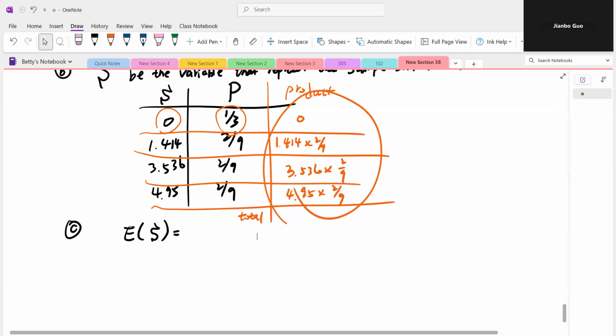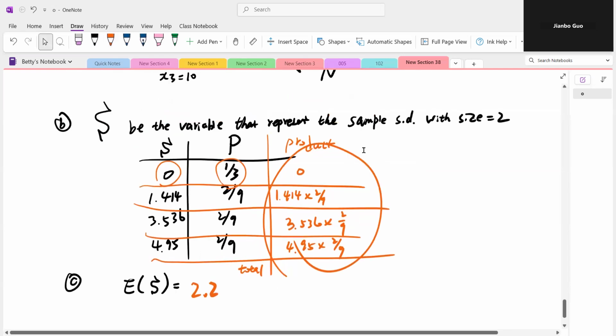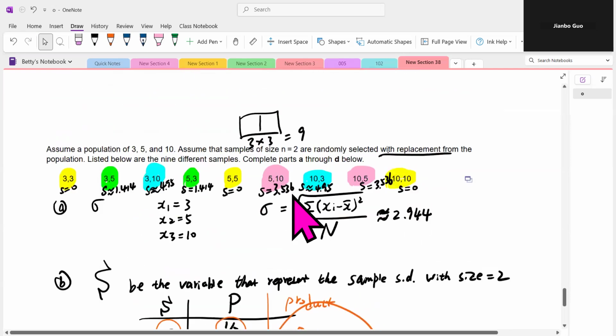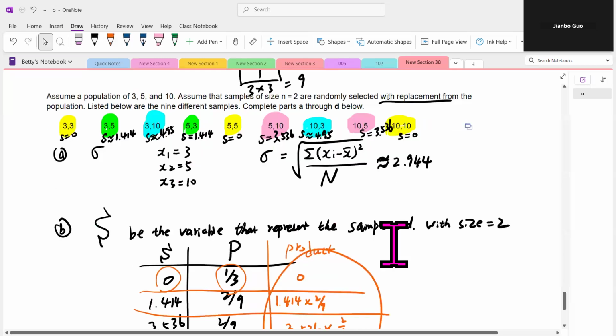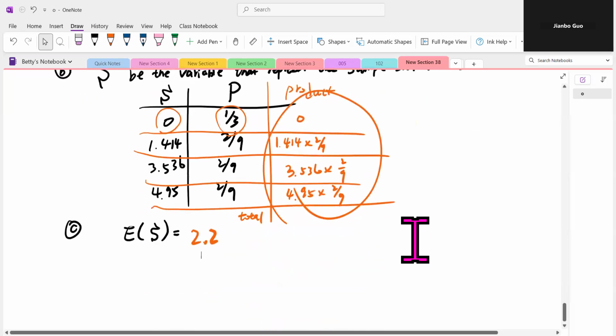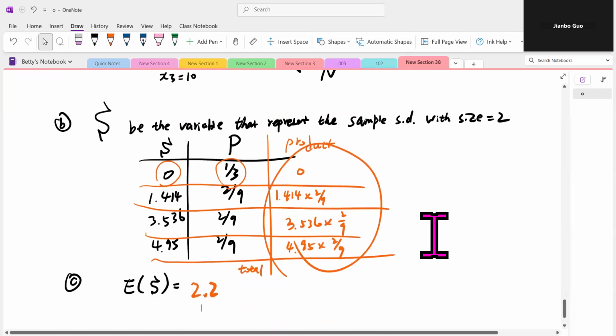My result here is 2.2. The mean of all those sample standard deviations is not very close to the population standard deviation, which is 2.944. 2.2 is the mean of all the sample standard deviations of the samples with size 2.